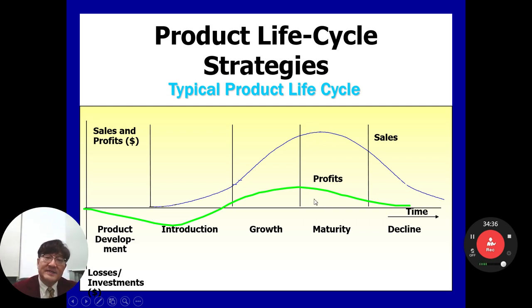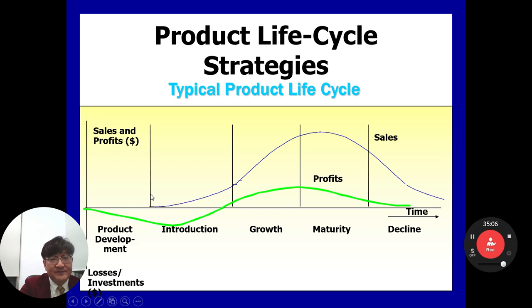Why do we have a period like this? Which means that in the maturity stage, we have a lot of competitors. So you need some investment to compete with competitors. That is why the sales might still be increasing, however, profit can decrease because of the increased cost.